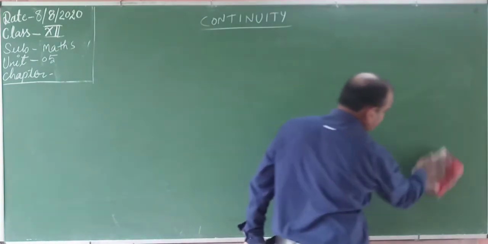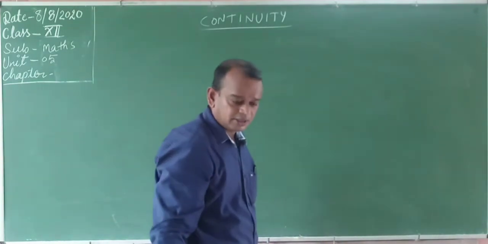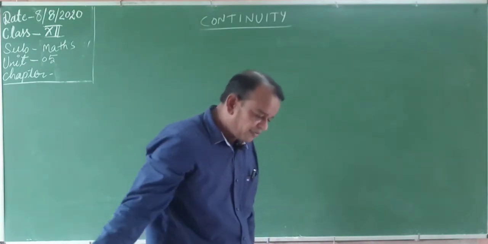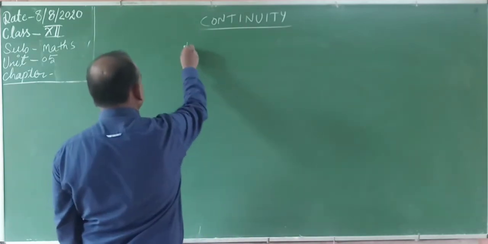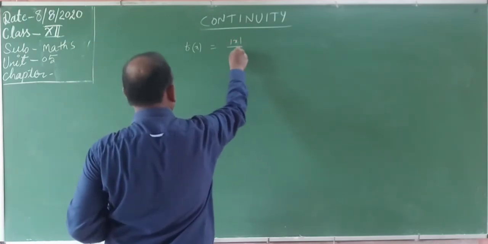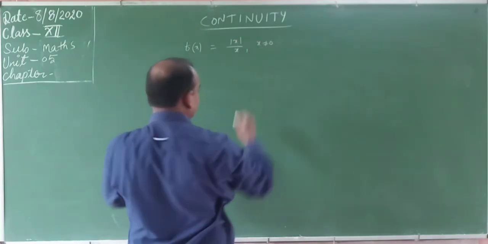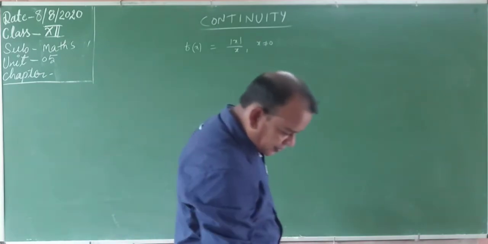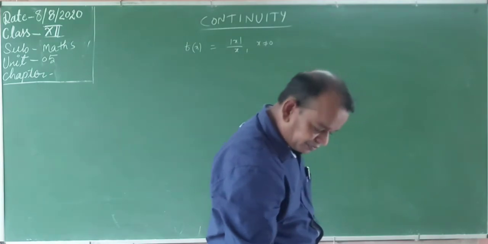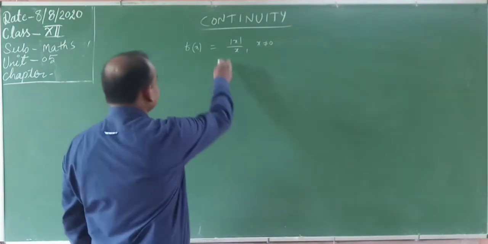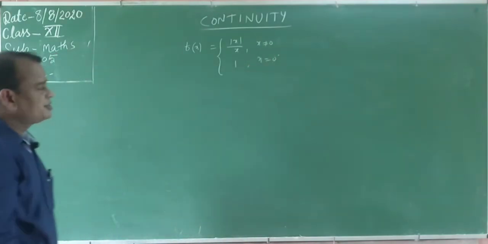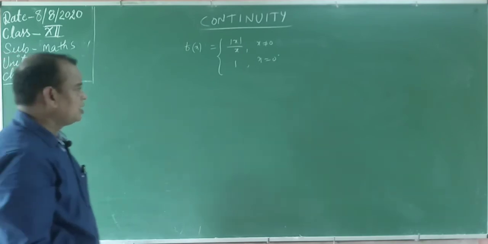Okay, my dear students, I hope that all understand. Next we will go to the next problem. For suppose f of x is equal to mod x by x, x not equal to 0, and 1 if x is equal to 0.